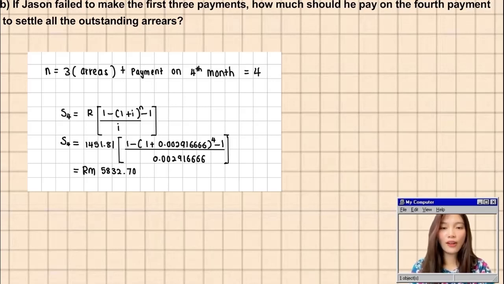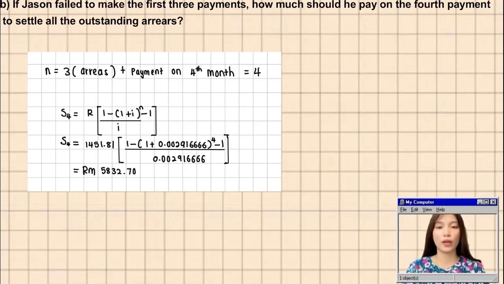B. If Jacyln failed to make the first 3 payments, how much should he pay on the 4th payment to settle all the outstanding arrears? N equals 3 (arrears) plus the payment in the 4th month, equals 4. So N is 4. The formula to calculate the outstanding loan is S4 equals R open bracket (1 plus I) power of N minus 1 over I close bracket.